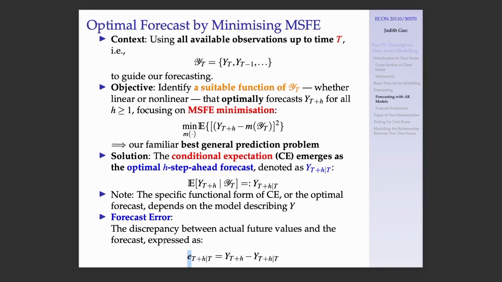So this error should be understood as a difference, given by the actual value and the optimal forecast we've established using some given model. And we'll come back to the forecast error on Friday. This is related to forecast evaluation, how good the forecast is, given some model specification. So this is the general setup.